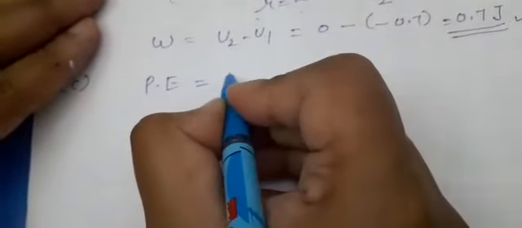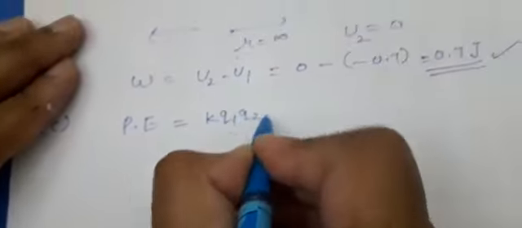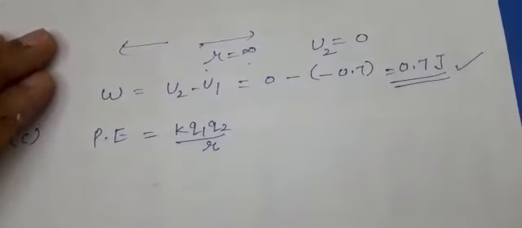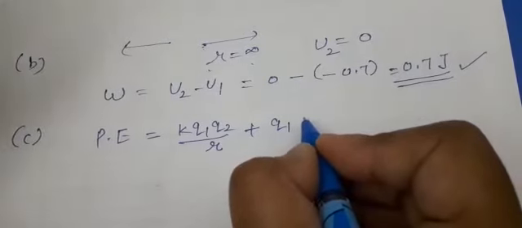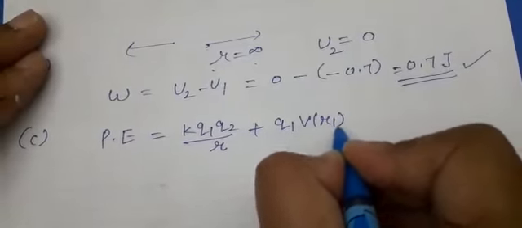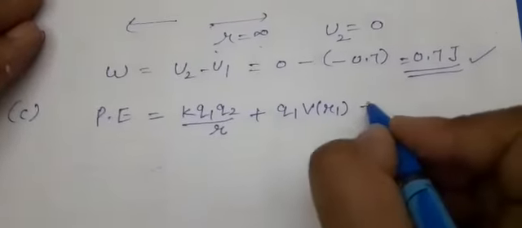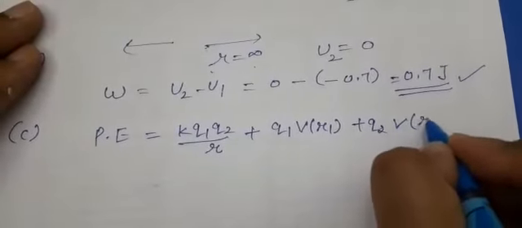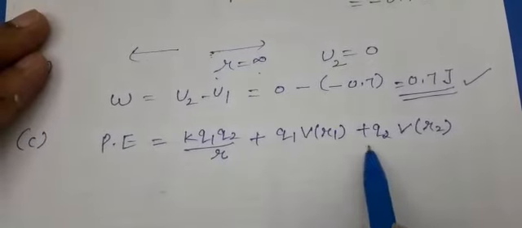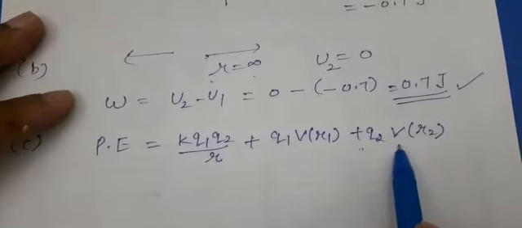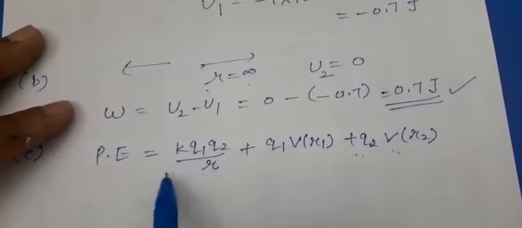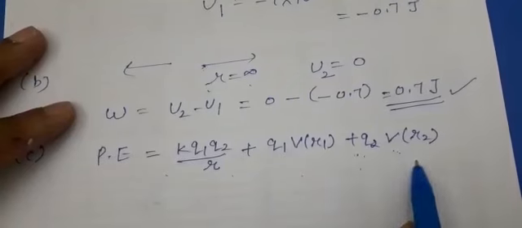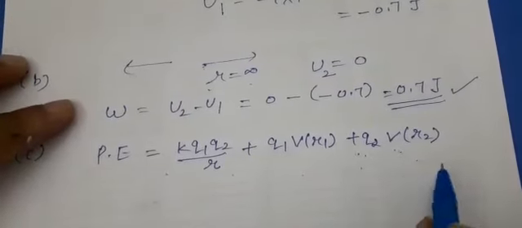In an external electric field, the total potential energy will be, first of all, the initial one due to the presence of charges separated by a certain distance, plus for the first charge, as some field is present, there will be some potential at distance R1. For the Q2 charge, potential energy will also be there, because some potential is present due to that external field and Q2 is placed in it. So this will be the total potential energy when the system is placed in an external field.